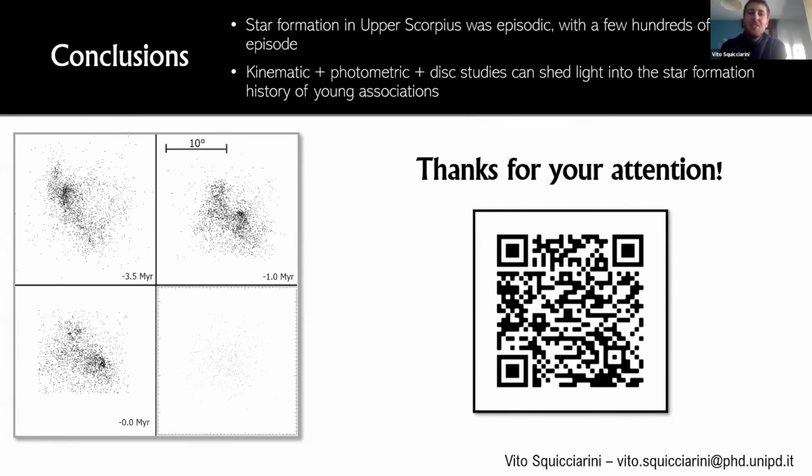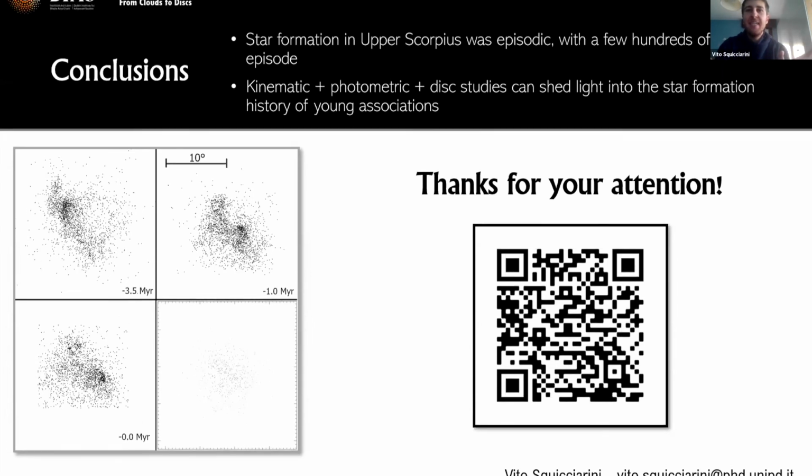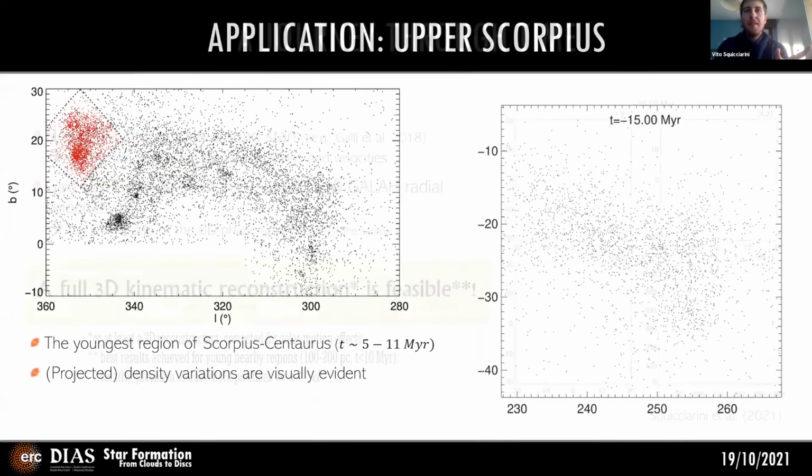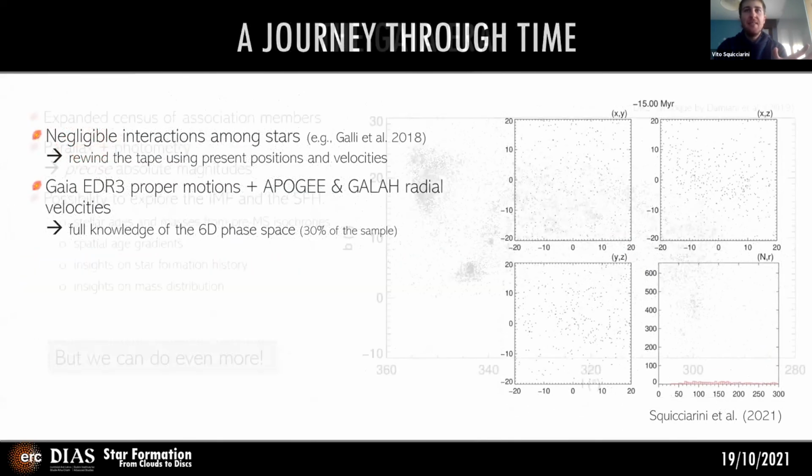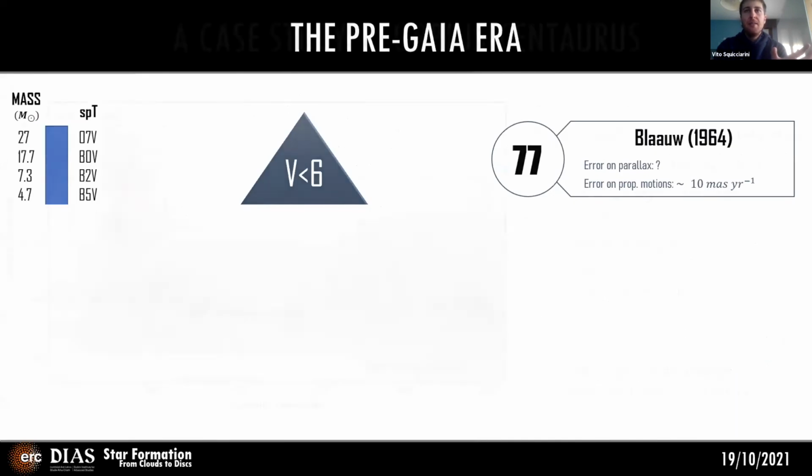Okay, thanks for the question. Actually, there is this hypothesis that the whole Upper Scorpius is younger than the other parts of the association. Here I show you the graph.